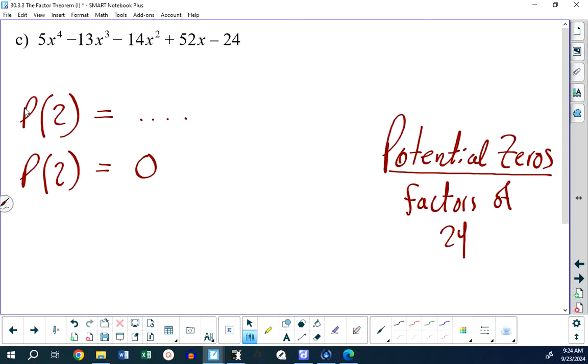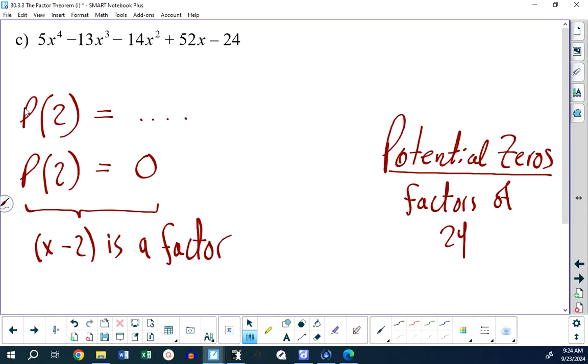And then you would, again, play dumb and go, it equals 0. Well, that's good, because that means x minus 2 is a factor. So let's factor it out. Just like factoring out the 5 from 255 involves division, we're going to do the division here.